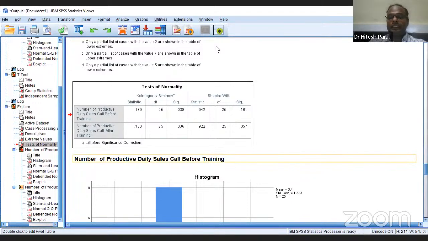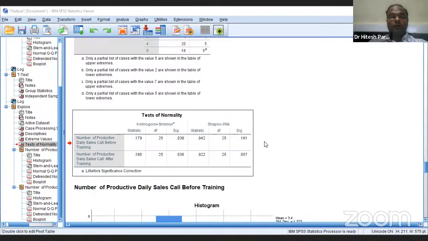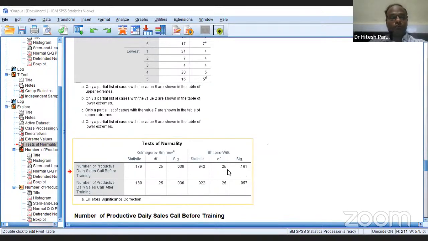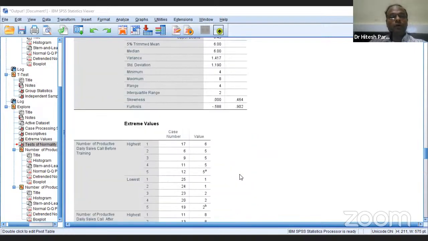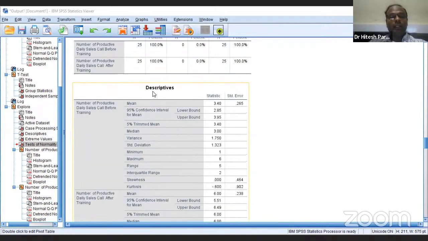Now what additional statistics do you need to check? You need to check the skewness and kurtosis. Where will we find them? In the table of descriptives.